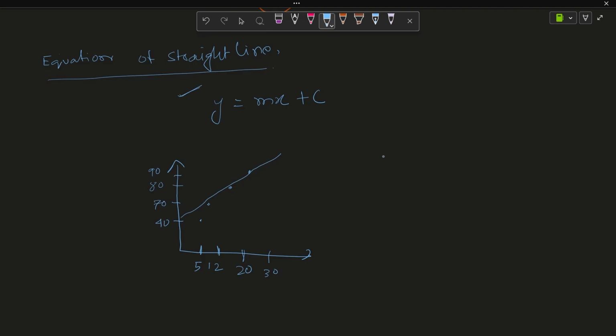Okay. For example, the points are like this. Maybe for some input and output, the points are like this, and you can't touch them all, right? This will be like this. The error should be minimum. Did I say about the error? The error needs to be minimum. Why? See, there is an error, right?